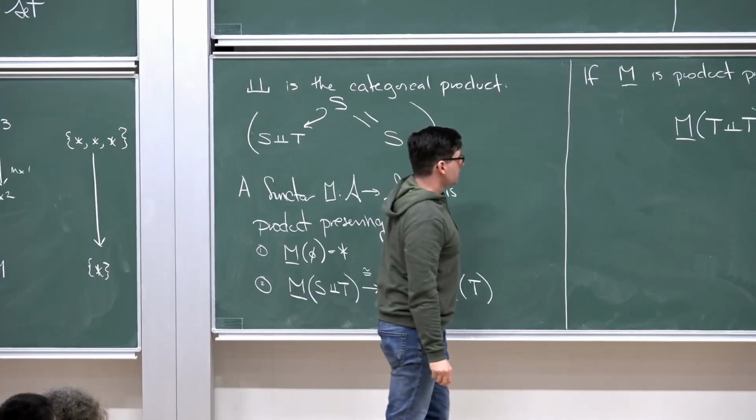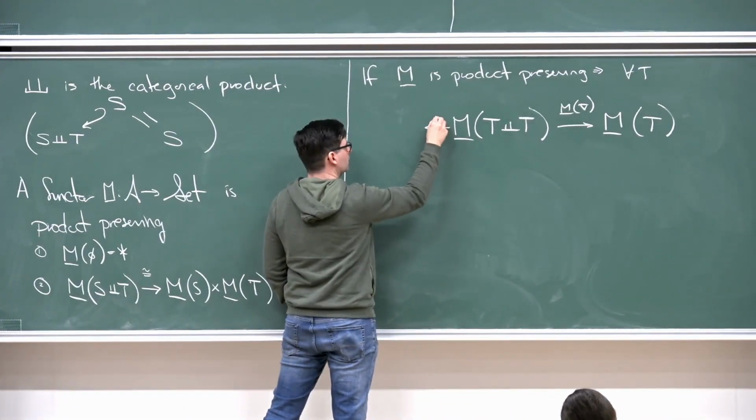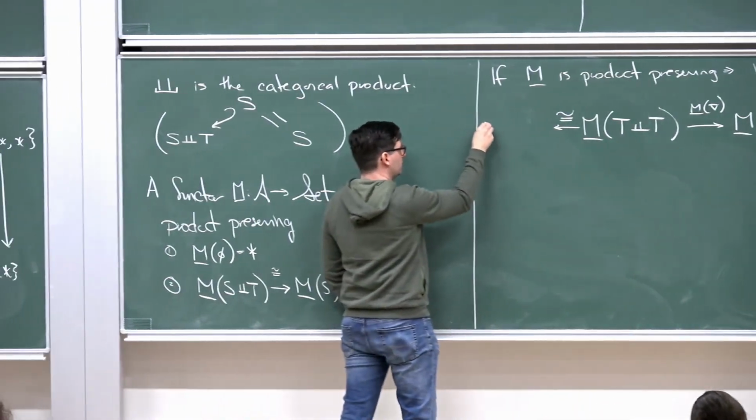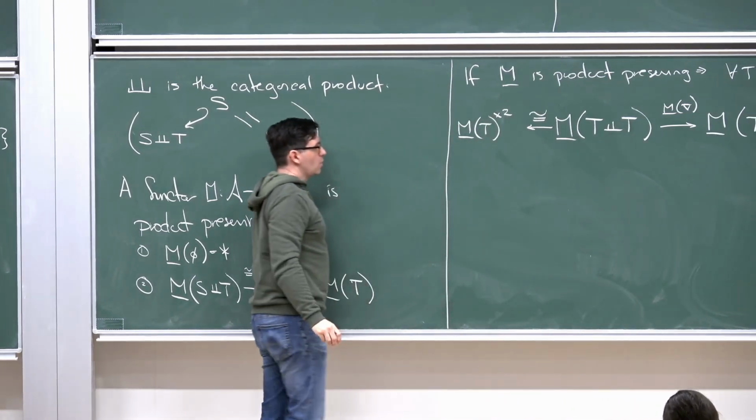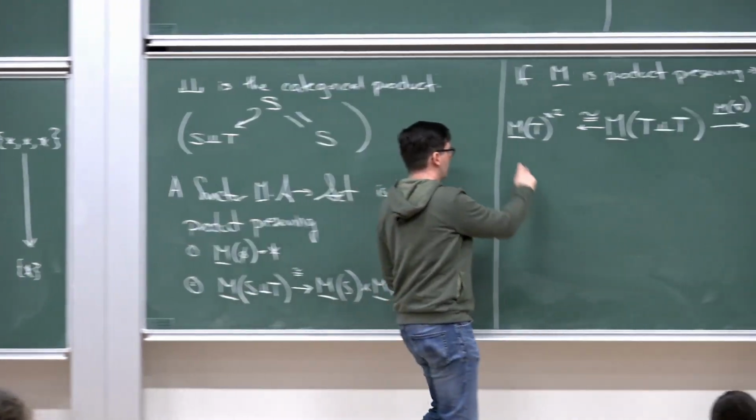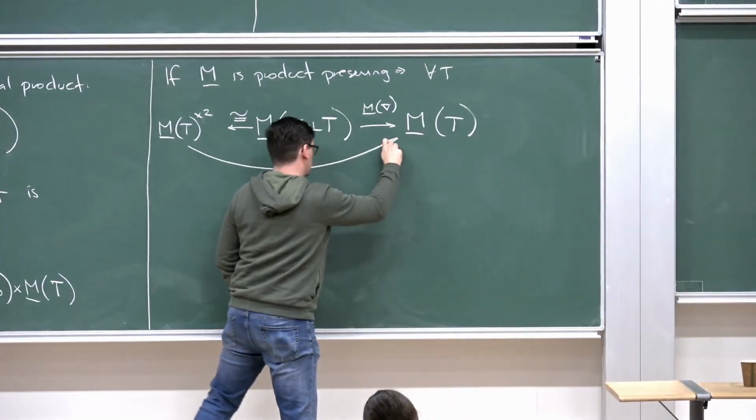And the product preserving part said that this was isomorphic to M of T Cartesian square. And so here is my multiplication back.